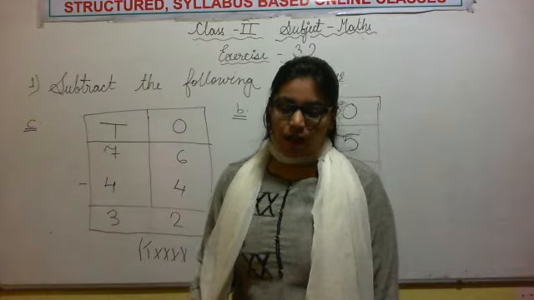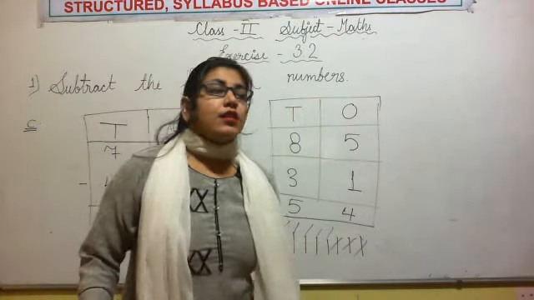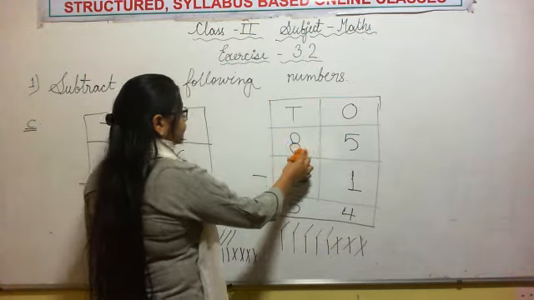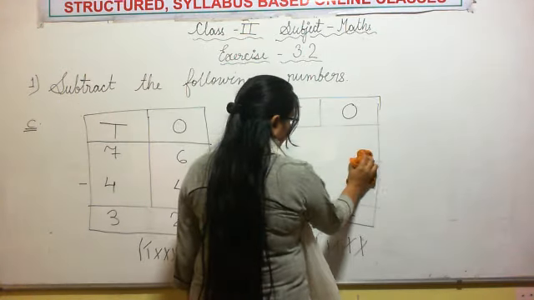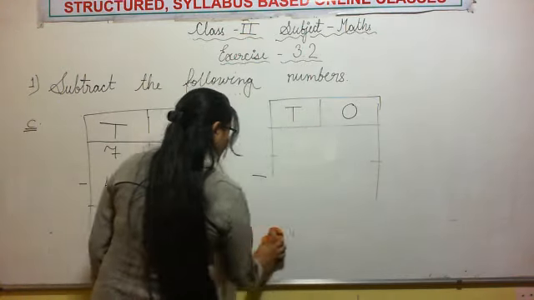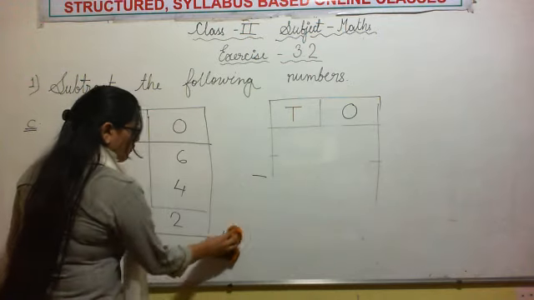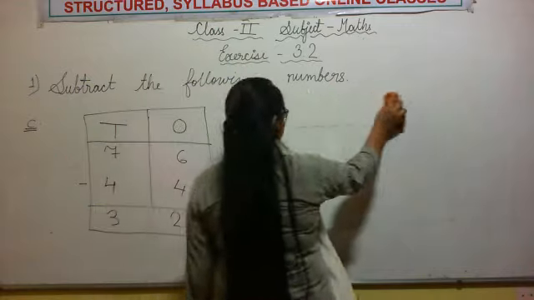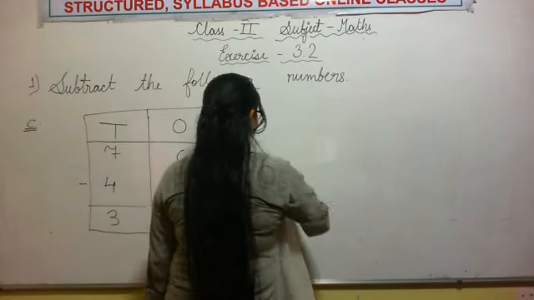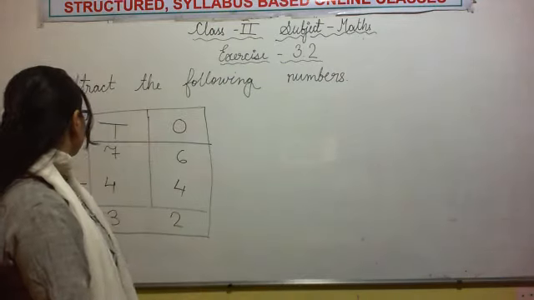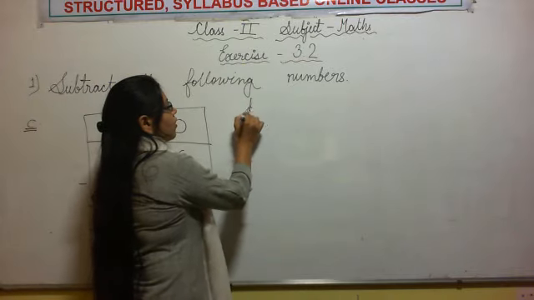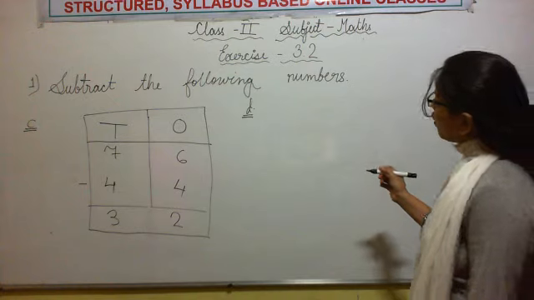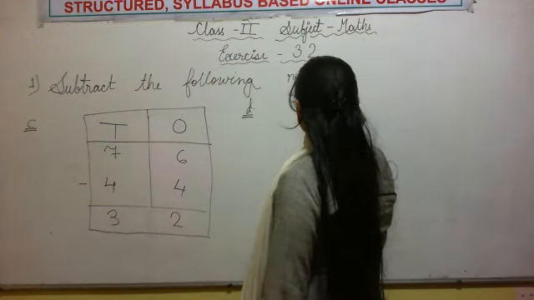Okay. Now moving on to the next part, which is part D. The writing of the sticks is our rough work. Now, part D. First of all, again we will write both the places.